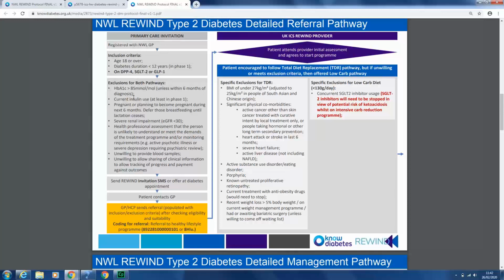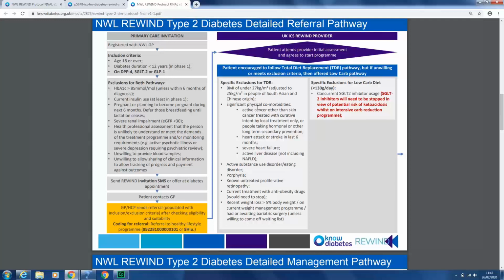They can't at the moment be on insulin, pregnant, or have severe renal impairment, and they need to be able to follow the program. There are some further specific criteria for total diet replacement. If they are not of South Asian or Chinese origin, their BMI needs to be above 27.